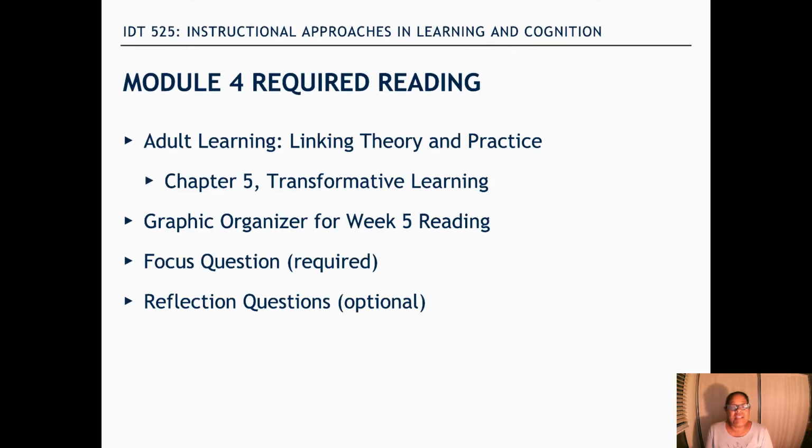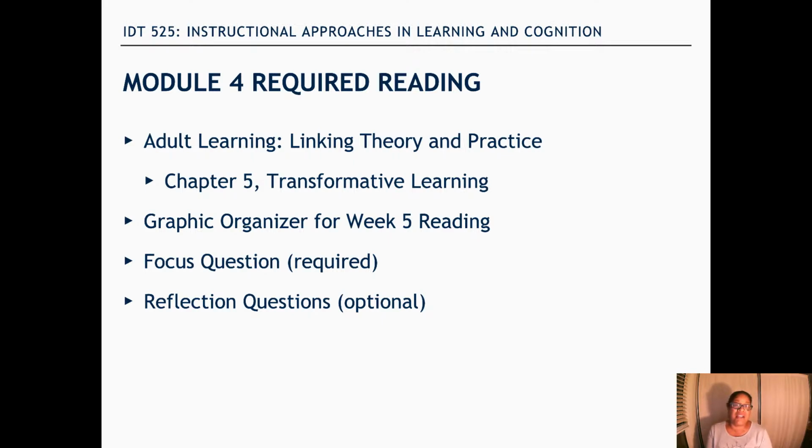The required reading is our text, Chapter 5, Transformative Learning. And for those of you who haven't been clicking on the graphic organizer link, you don't know that it changes every week. But for those of you who have been clicking on it this week, everyone will be happy to know that I have filled it out for you this week.